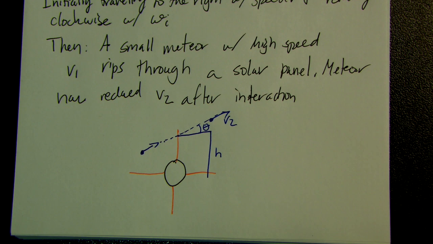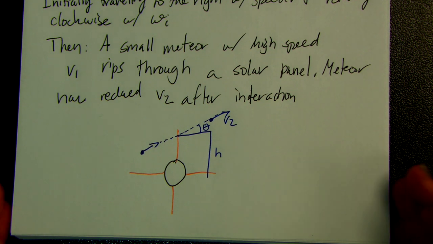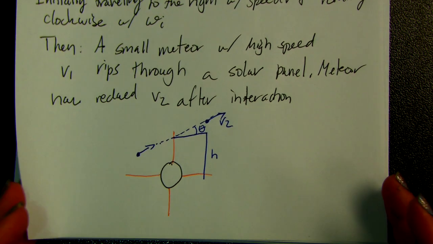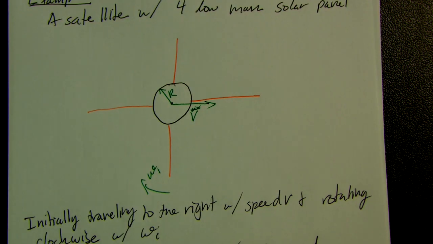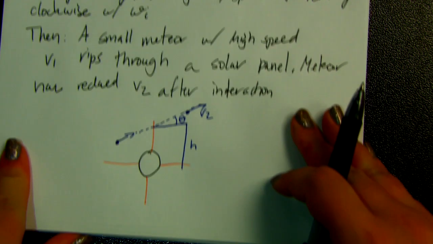All right, so that's the interaction, and we want to calculate Vx and Vy of the center of mass and the final omega of the satellite. So we started off like this, just minding its own way, and then it got struck.